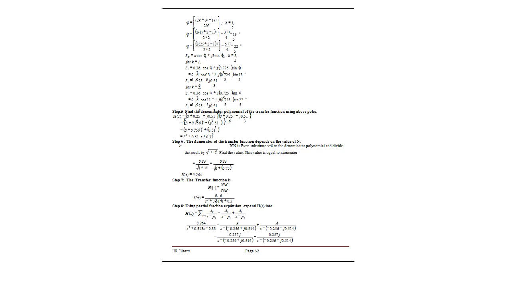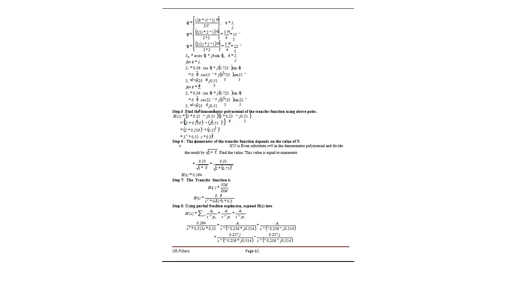Substituting all the values, we get phi k by substituting k equal to 1 and 2. Then s k is equal to a cos phi k plus j b sin phi k, with k equal to 1, 2. When substituting 1, the S1 value is obtained, and when substituting k equal to 2, we get the S2 value.